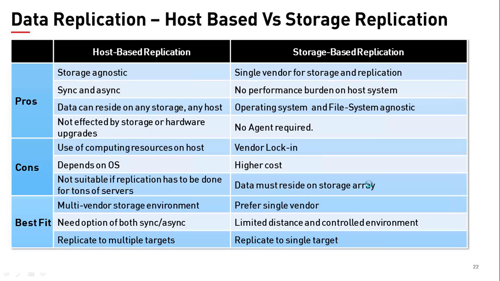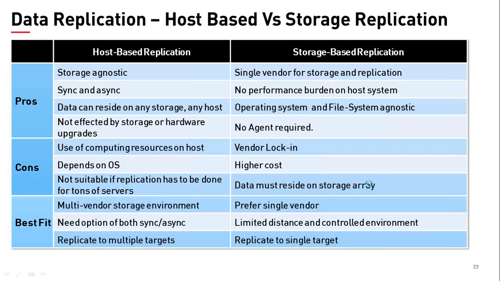With synchronous replication, you really need to have huge bandwidth, because the time taken to commit the data to the other storage can hit your performance. So you need to make sure that you have low latency and more bandwidth to go with synchronous replication.